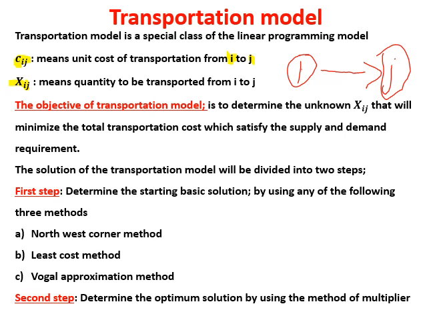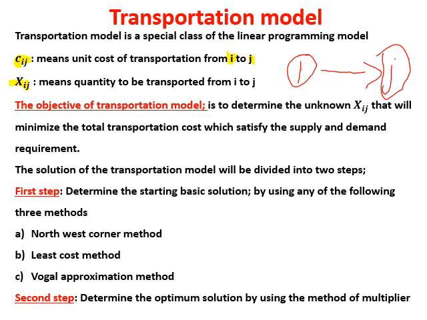The objective of the transportation model is to determine the unknown Xij, the quantity that will minimize the total transportation cost, and at the same time satisfy the supply and demand requirements.